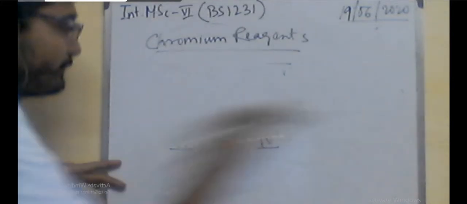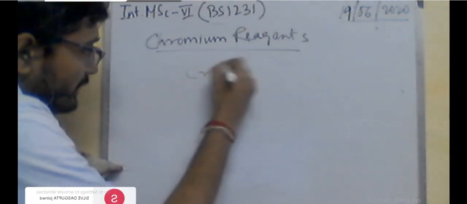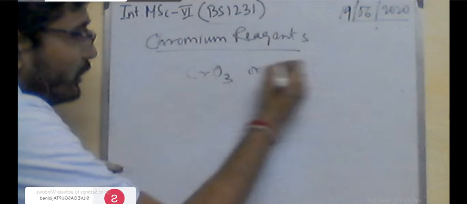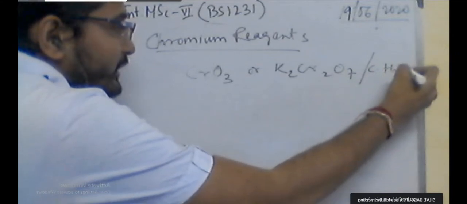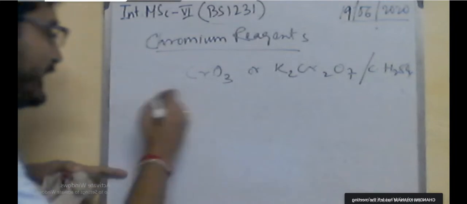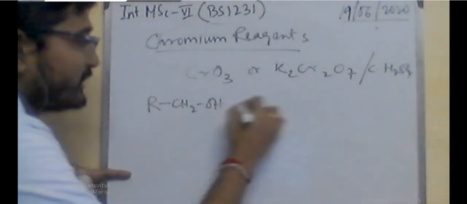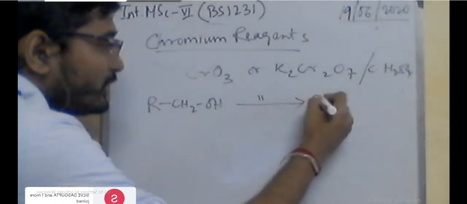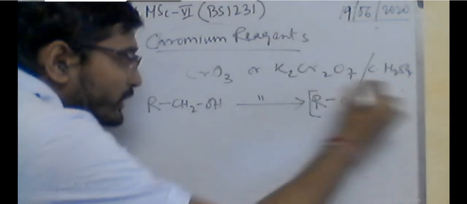In this case, the alcohol, by using this oxidizing agent, can be easily oxidized to aldehyde, but we can't isolate this aldehyde, we can't stop here. Simultaneously this aldehyde is again oxidized to the corresponding acid. That is the disadvantage of using such kind of oxidizing agent. But how does the oxidation take place here?